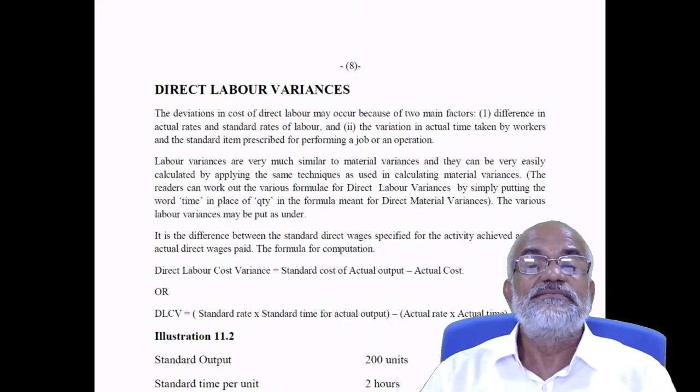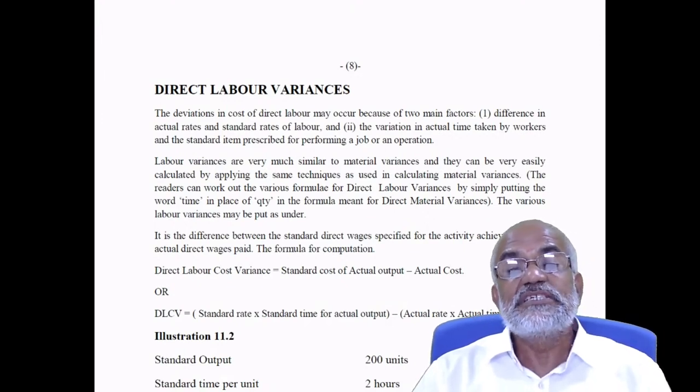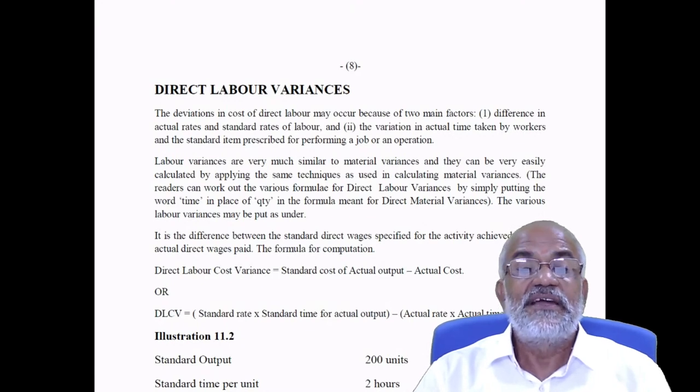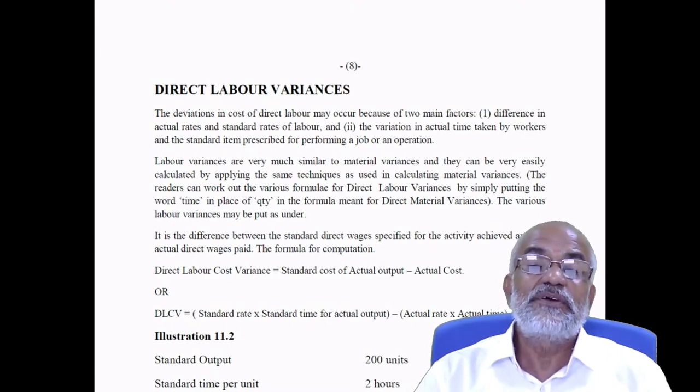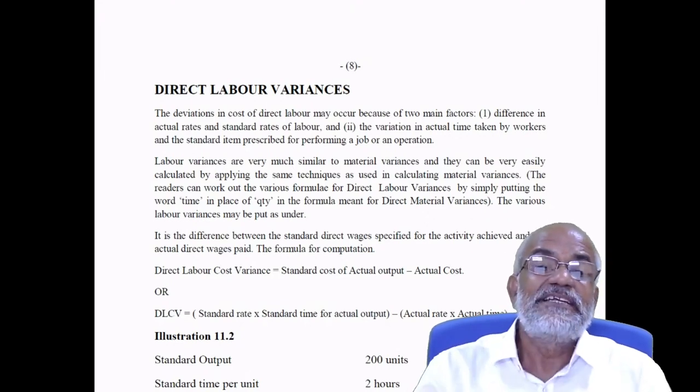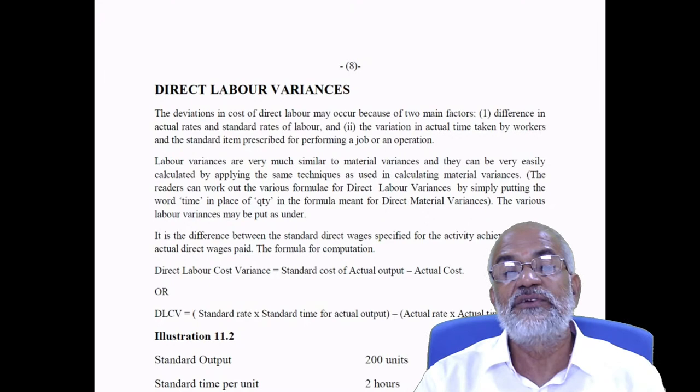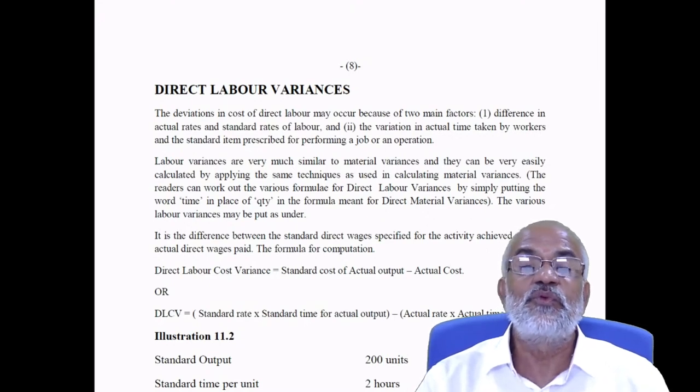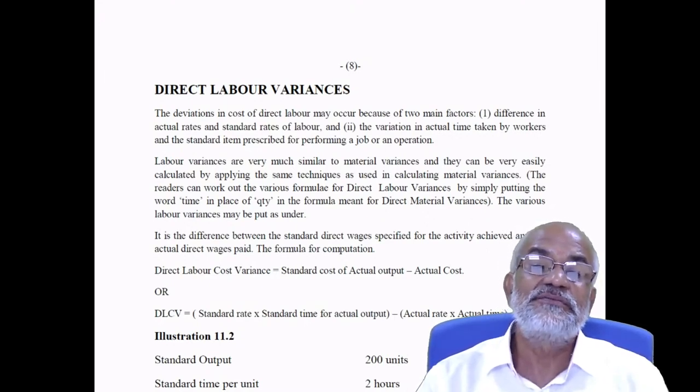The first one is the direct labor cost variance. It is the difference between the standard direct wages specified for the activity achieved and the actual direct wages paid for the particular purpose. The formula for computation is direct labor cost variance is equal to standard cost of actual output minus actual cost.